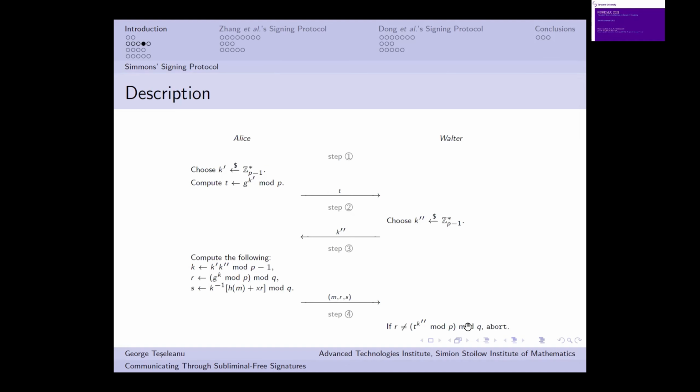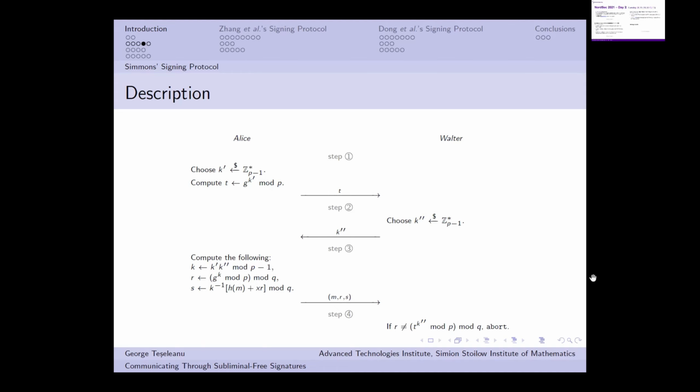Now, here is the actual signing protocol. Alice first chooses a random key prime modulo P minus 1, and she computes T as G raised to the power K prime. She then sends this T to Walter, who chooses another key second randomly from integers modulo P minus 1.